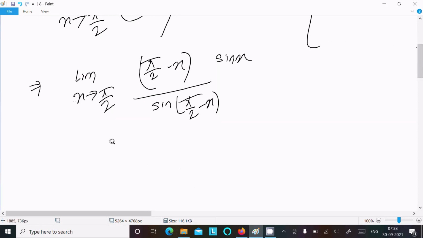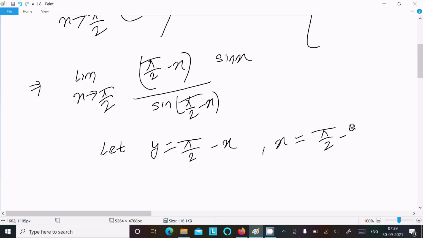Now let y equal to pi by 2 minus x, or we can write x equal to pi by 2 minus y.